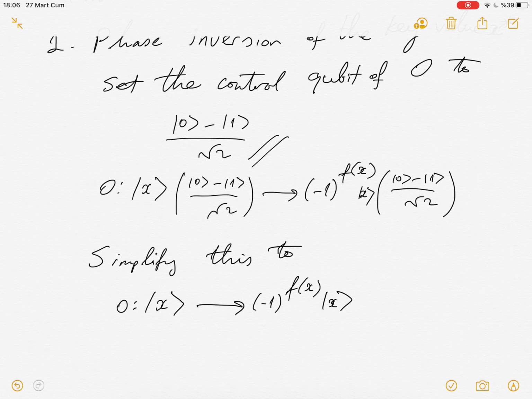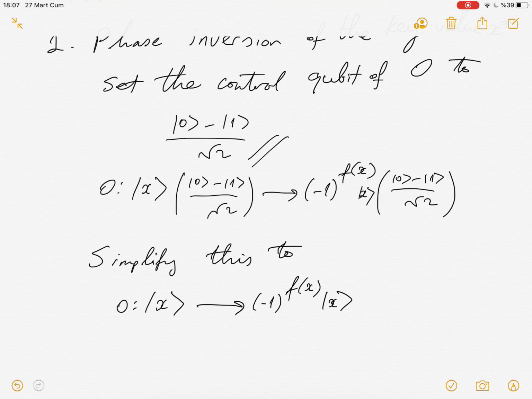So the amplitude of the key value x star will be flipped, will be negative, and all the amplitudes of the other values, which are non-key values, will remain positive. So this oracle helps us to separate the key value from the other non-key values.